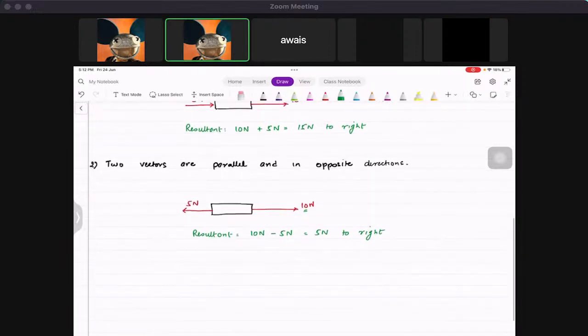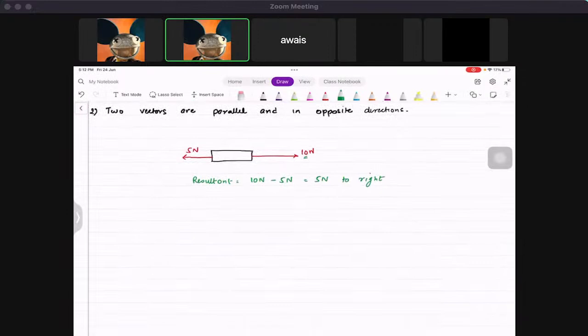Now, the third type is when two vectors are perpendicular to each other. When I say perpendicular, it means basically 90 degrees to each other.